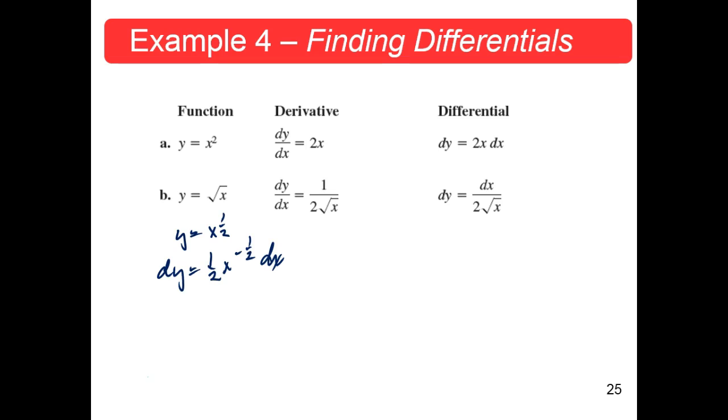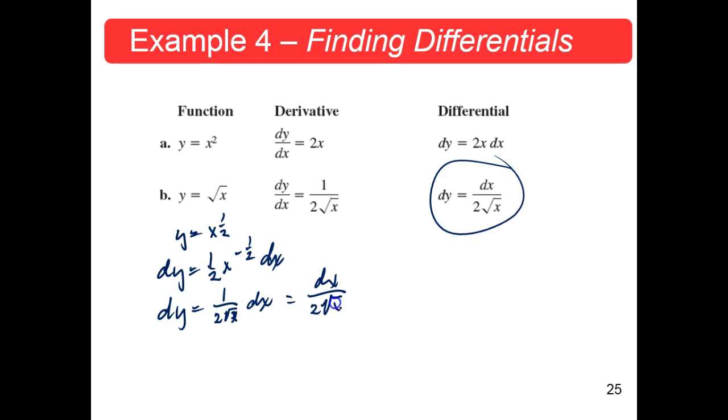The differential, not derivative, but differential. But it's the same type of deal. And then you can rewrite this as dy is equal to 1 over 2 times the square root of x dx. And that's exactly what they got, except they wrote the dx on top. It doesn't matter where. dx over 2 root x.